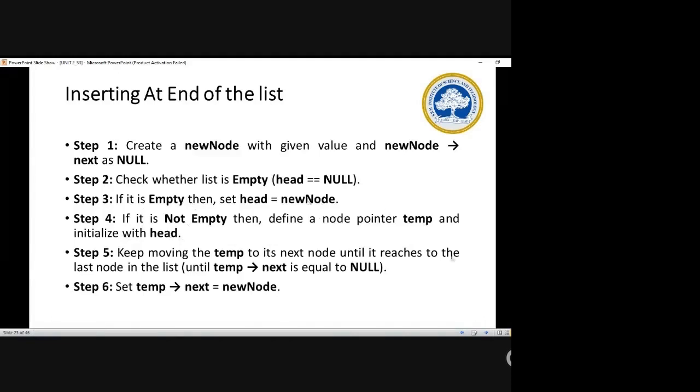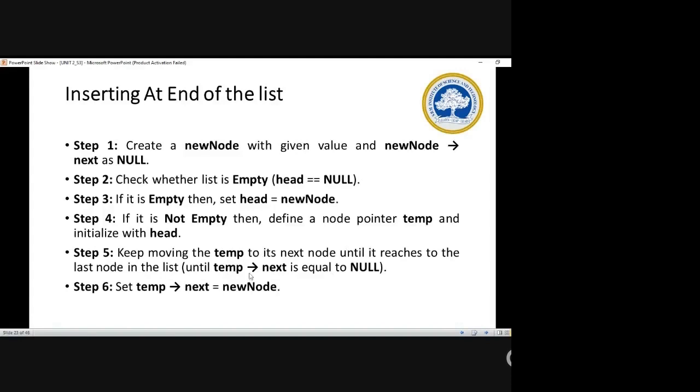That means your first node is now held by the pointer variable temp. Now you keep on moving temp until it reaches the last node in the list, that is, until temp of next is equal to null.